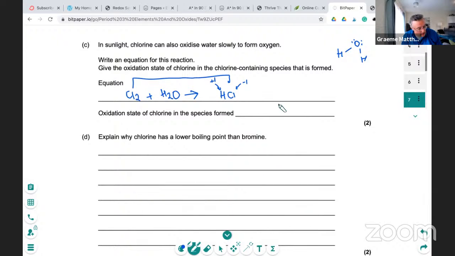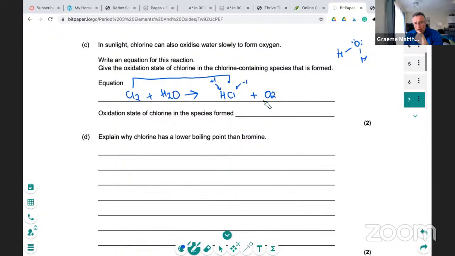And let's see. The question says it can slowly form oxygen. Oh, and so it can form oxygen, also leaving O2.